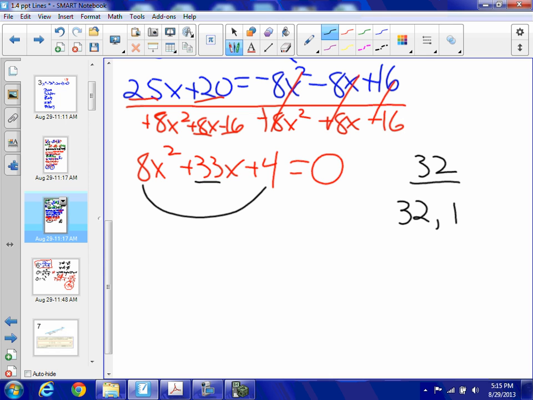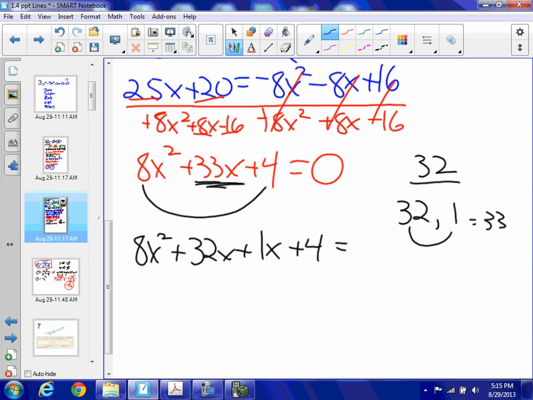And when I add them together, I get 33. So I'm pretty happy about that. And what I do then is I keep my 8x squared, but I change my middle term. And I change it from 33x into plus 32x plus, I'll write 1x, so that we have the 1 there. Now I still have my plus 4, now that equals 0.